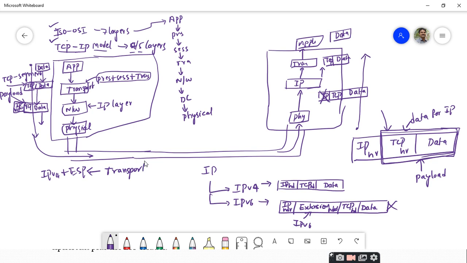Remember, the name of this mode comes from the transport level segment. Since we are going to provide security for only the transport level segment, the TCP header plus data, in the IP layer, this particular mode is called the transport mode.